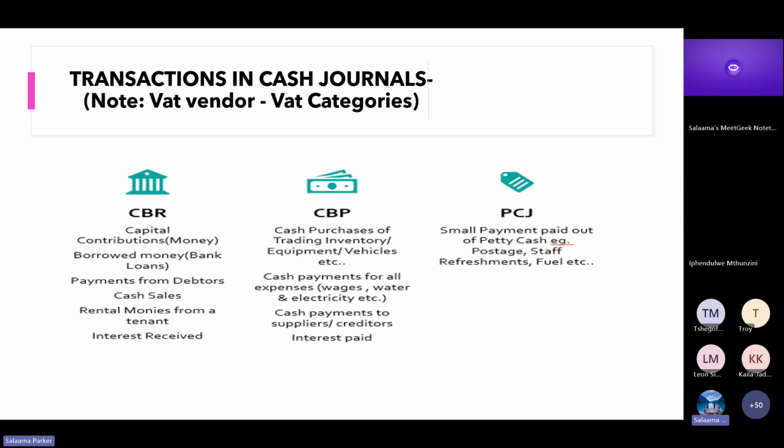Any cash purchases of trading inventory, equipment, vehicles, etc. Cash payments for all our expenses, wages, water and electricity, and any payments we make to our creditors, and any interest that we pay, and also when we have to take out money for our petty cash, it's transferred from our bank account to our petty cash. So that also decreases our bank balance.